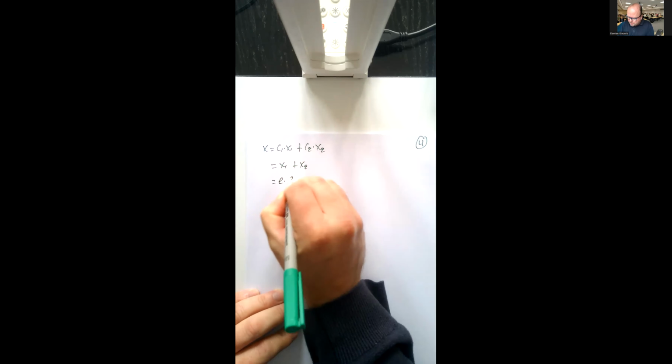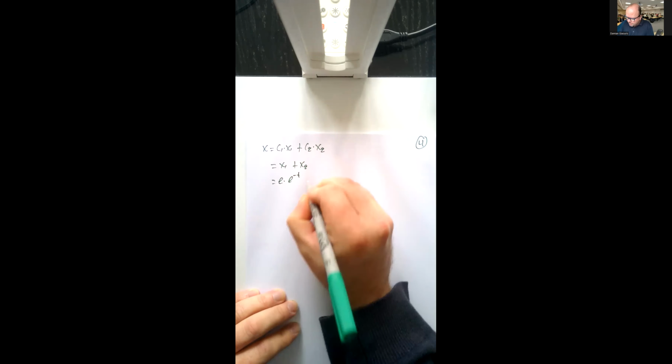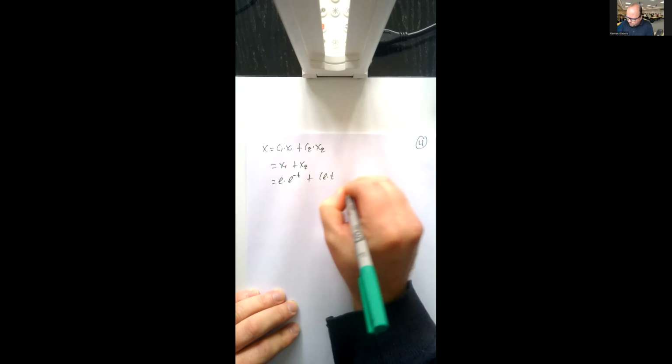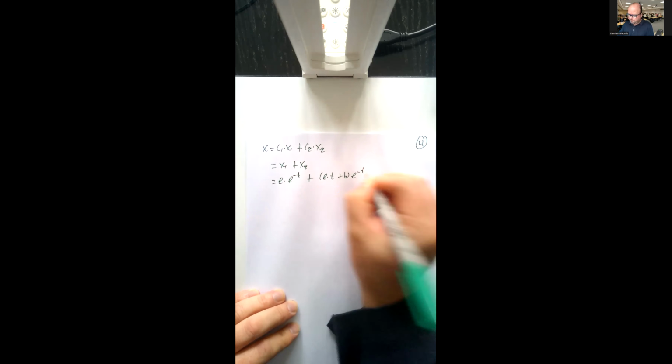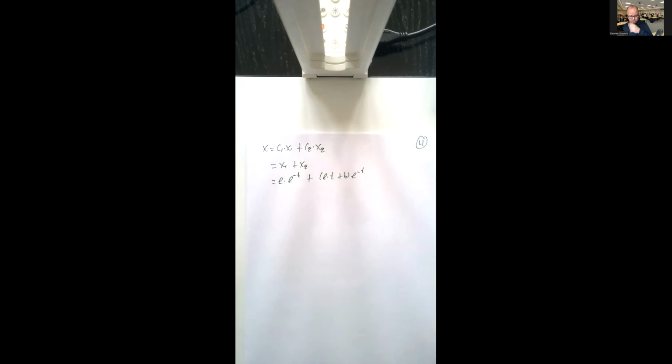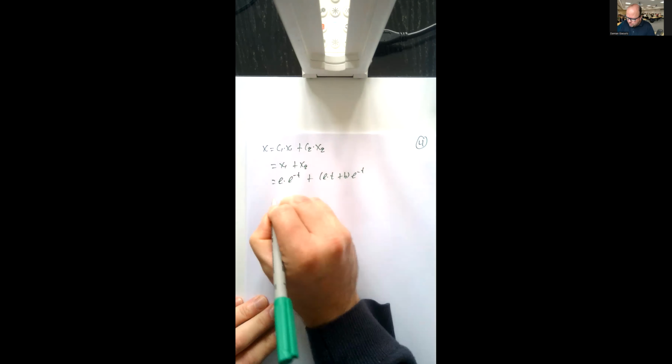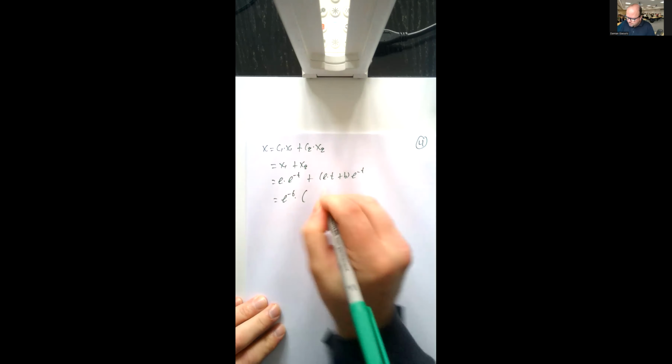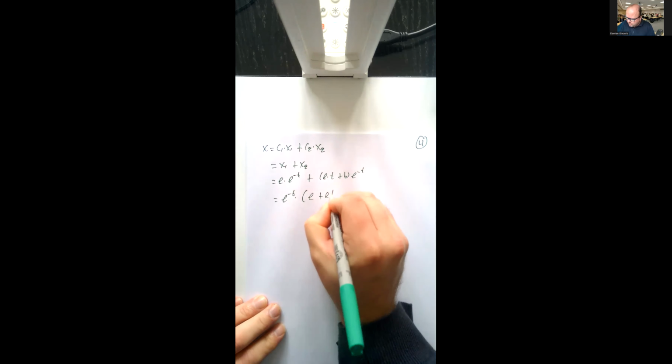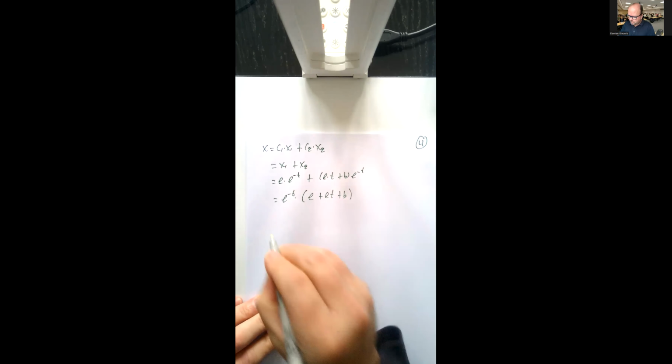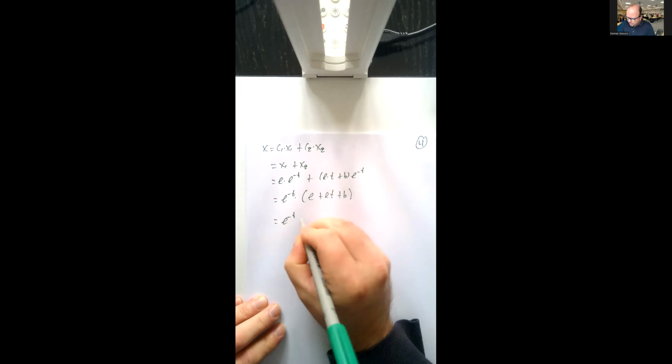So e times e to the minus t plus e times t plus b e to the minus t. Let me isolate the e to the minus t in both cases. So e to the negative t times e plus et plus b, e to the minus t.